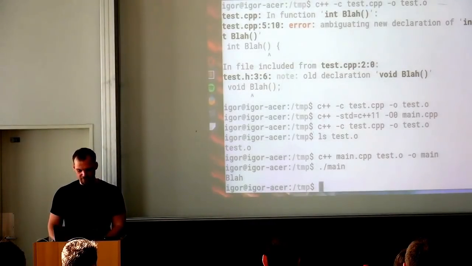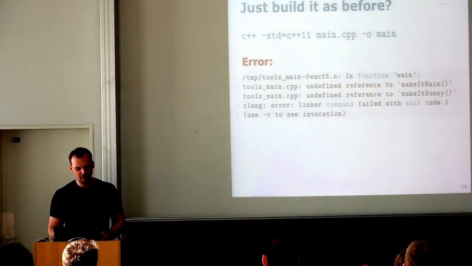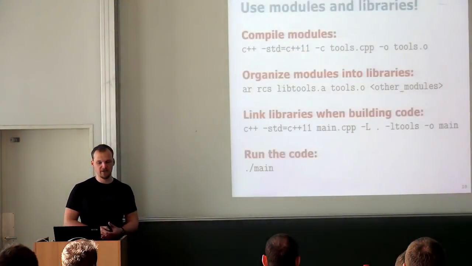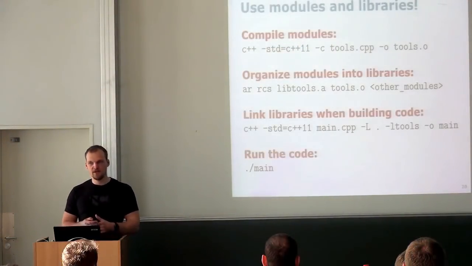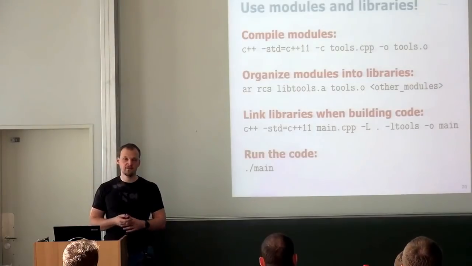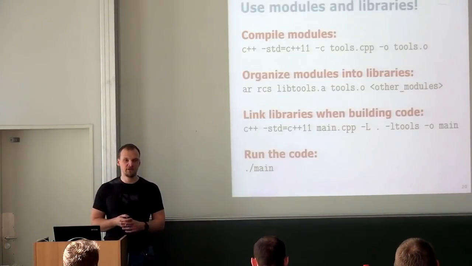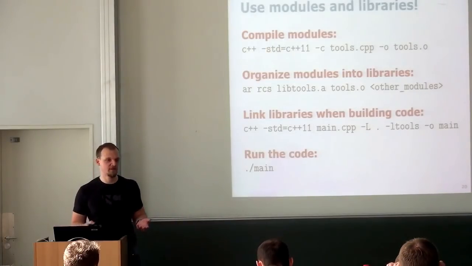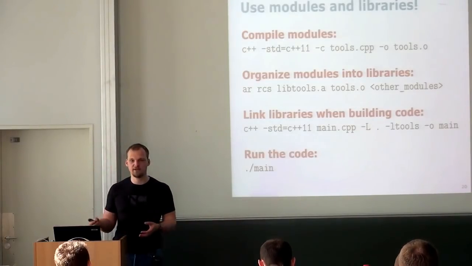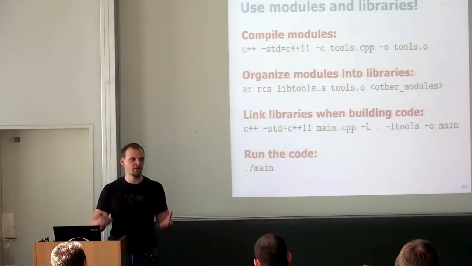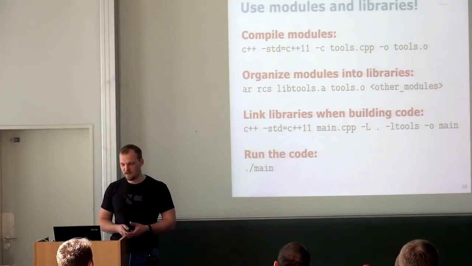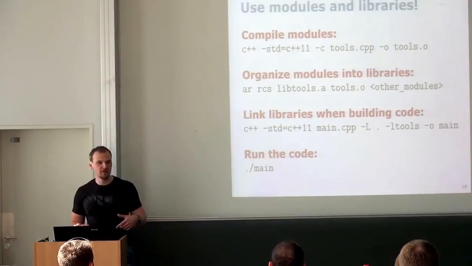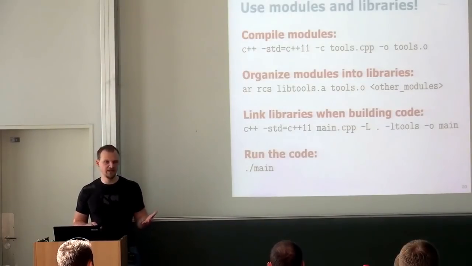Okay, and the main thing that you need to take away from this is that it's hard to do by hand. And also, every single cpp file that you compile generally will become a module. And if you have hundreds of cpp files, you don't really want to deal with the amount of modules that you suddenly get. Therefore, you go to libraries, which make it a bit easier.